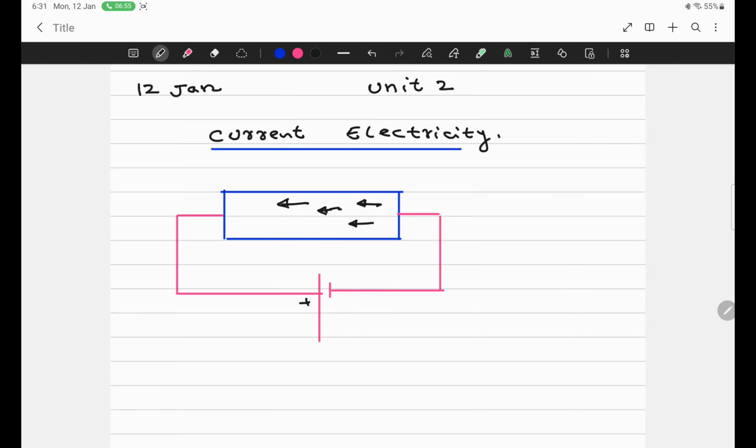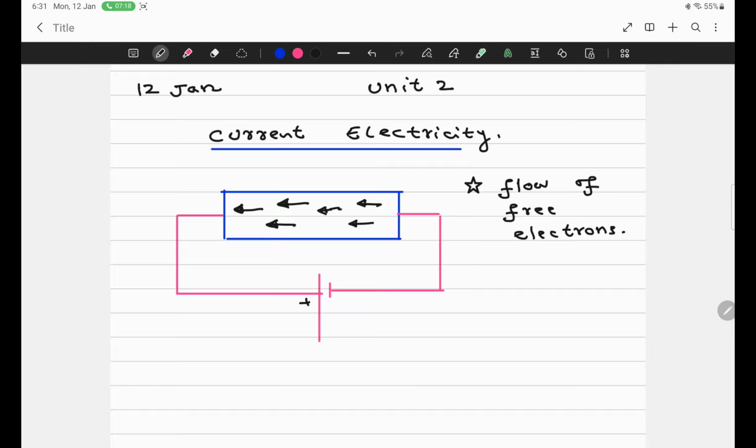This flow of free electrons is electric current. So what is electric current? Electric current is the flow of free electrons.